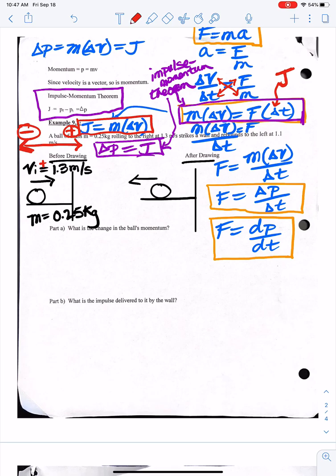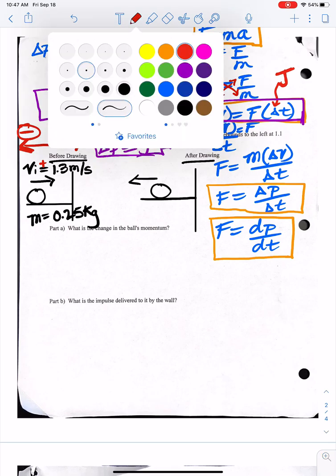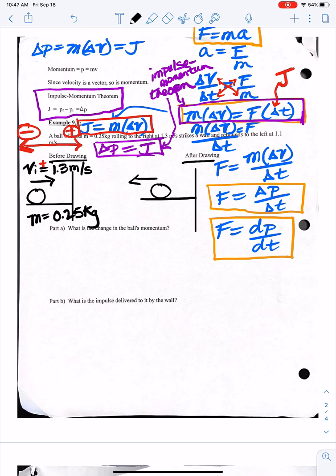So VF is equal to 1.1, and this time it's going to be negative because the ball is moving left. It still has the same mass, so I'm not going to rewrite it. Good, the drawings are done.